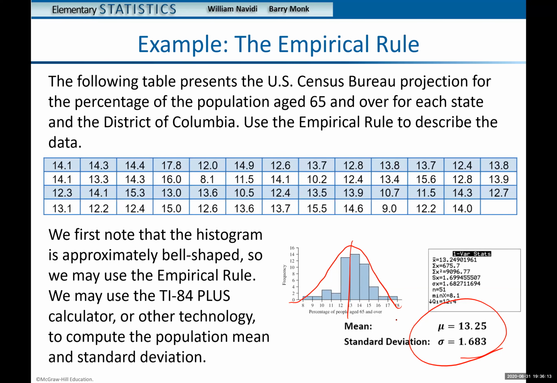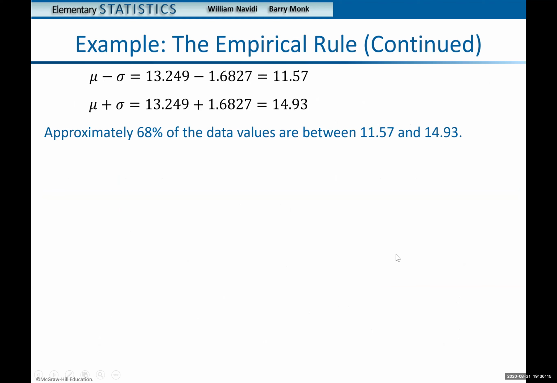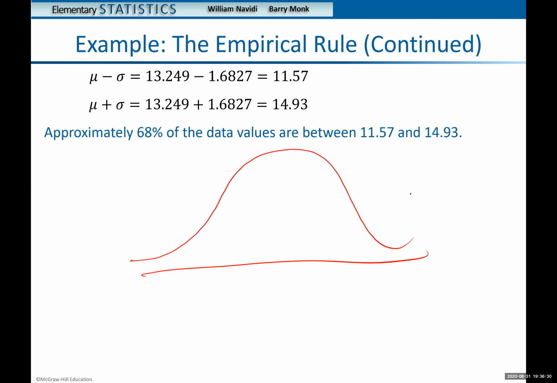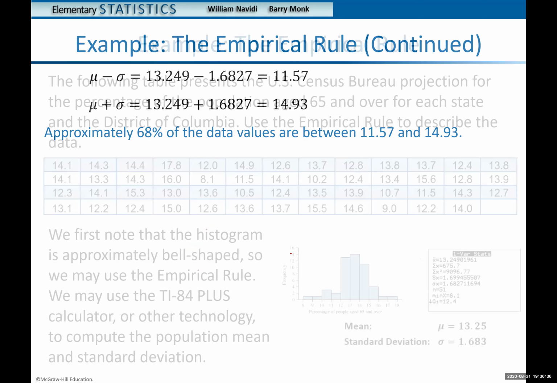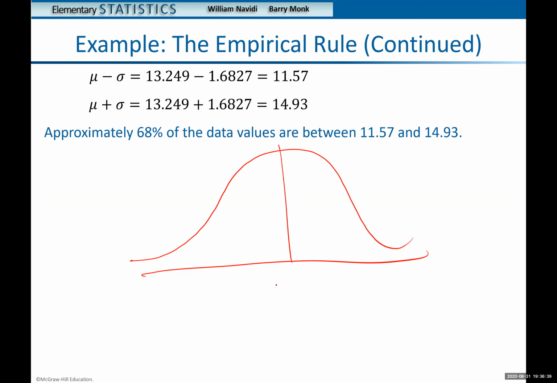So by the empirical rule, if you compute the standard deviations away from the mean, mu minus the standard deviation and mu plus the standard deviation, that is 68%. So again, when you compute the mean, what was the mean again? 13.25. So this is 13.25. So 68%.